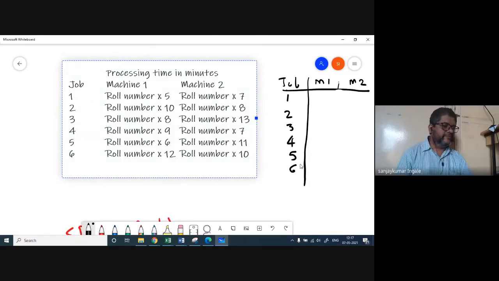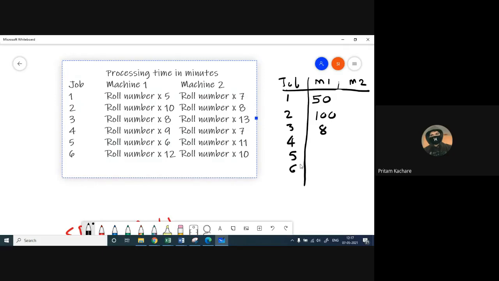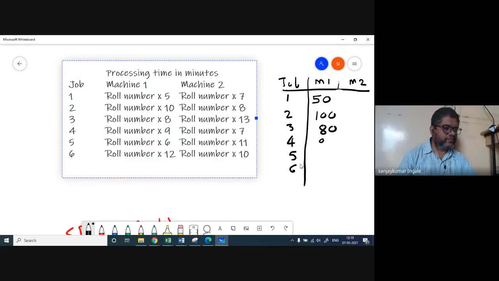Okay. Now, tell me now. First job, if the roll number is 10, what is the processing time? 50. Then 100, 80, 90, 60 and 120. M2.